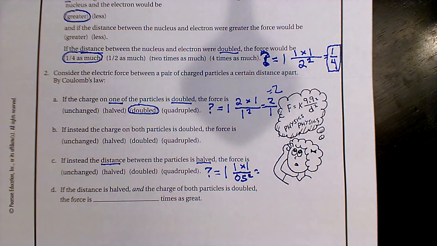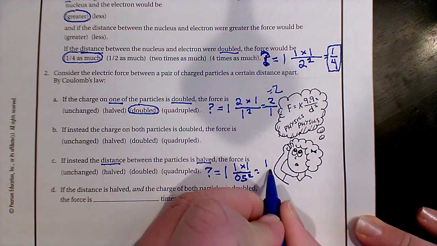Okay, so 1 times 1 times 1 is 1. And then 0.5 squared, you may be tempted to overthink that one. But 0.5 times 0.5 is 0.25.